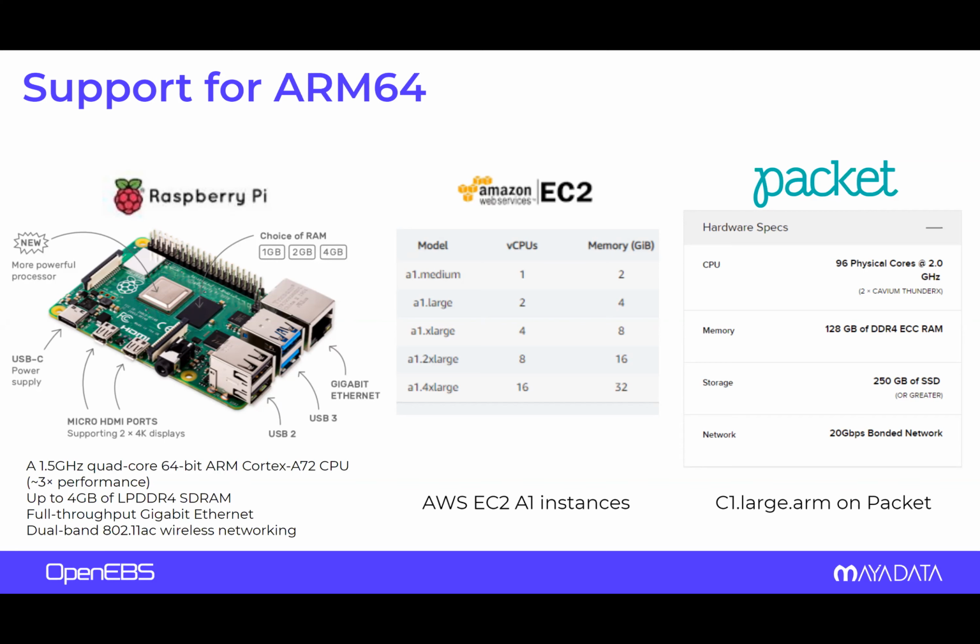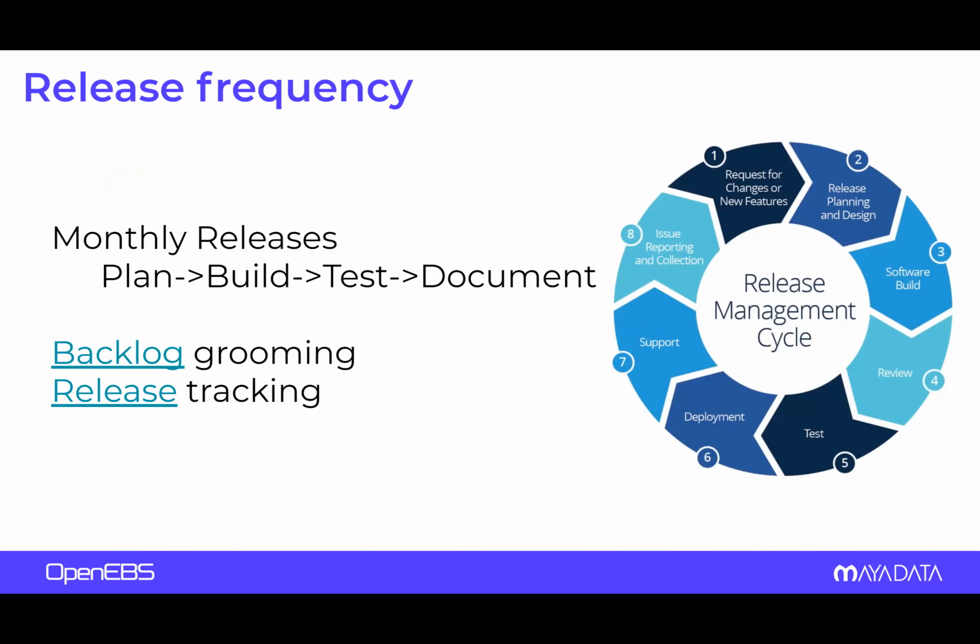They provide 96 physical cores and a lot of memory, and that makes OpenEBS functional on other architectures.